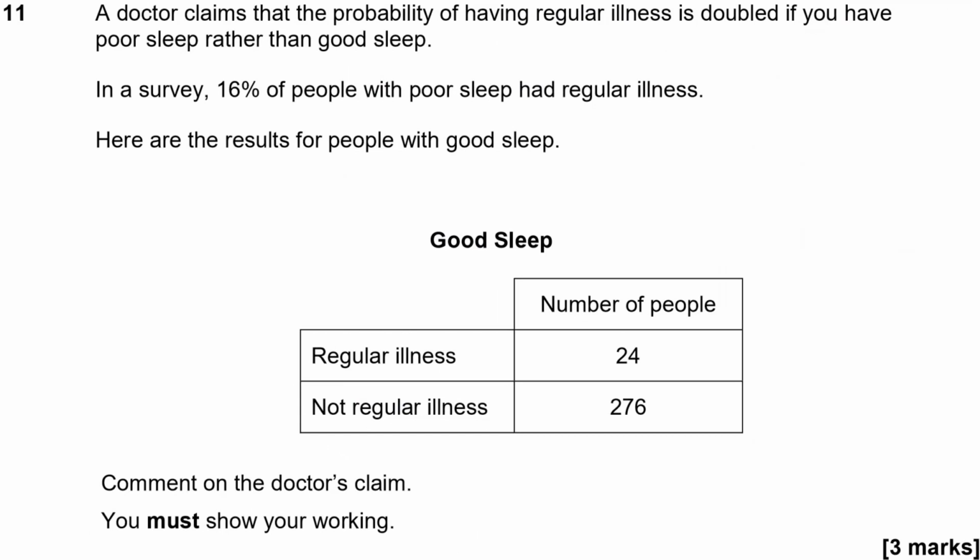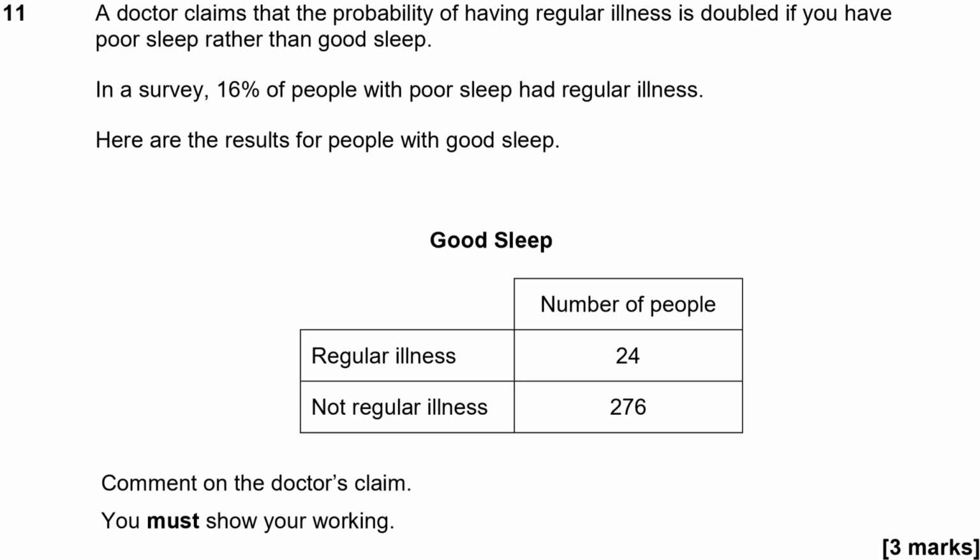A doctor claims that the probability of having regular illness is doubled if you have poor sleep rather than good sleep. In a survey, 16% of people with poor sleep had regular illness. Here are the results for people with good sleep. Comment on the doctor's claim. You must show your working. Okay, so we need to work out what percentage of these people had illness.